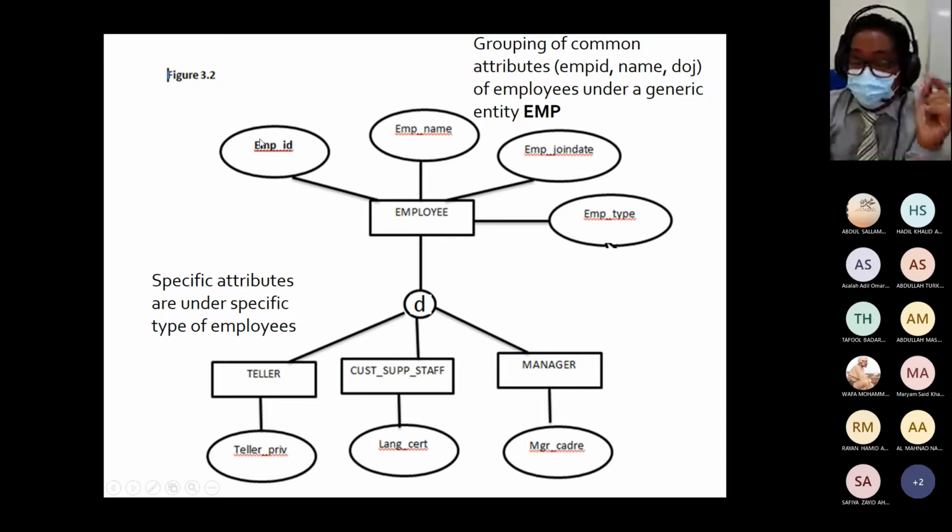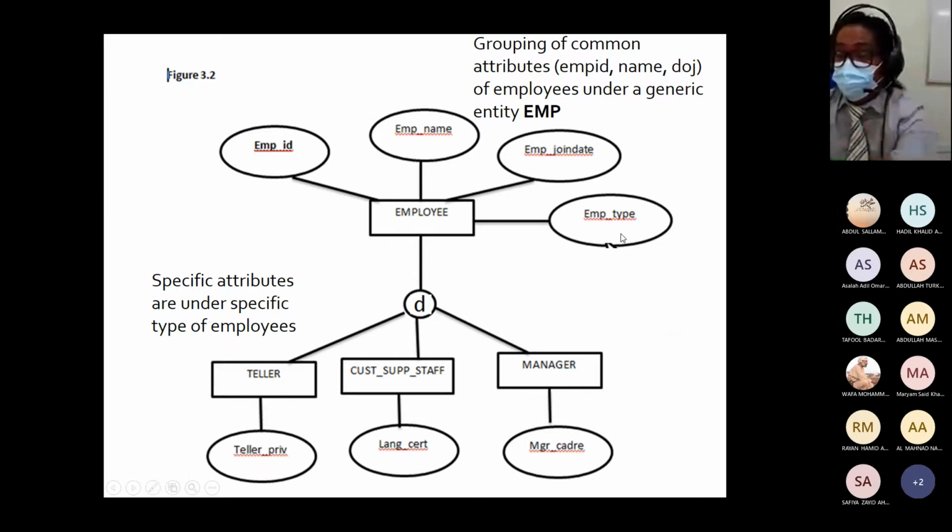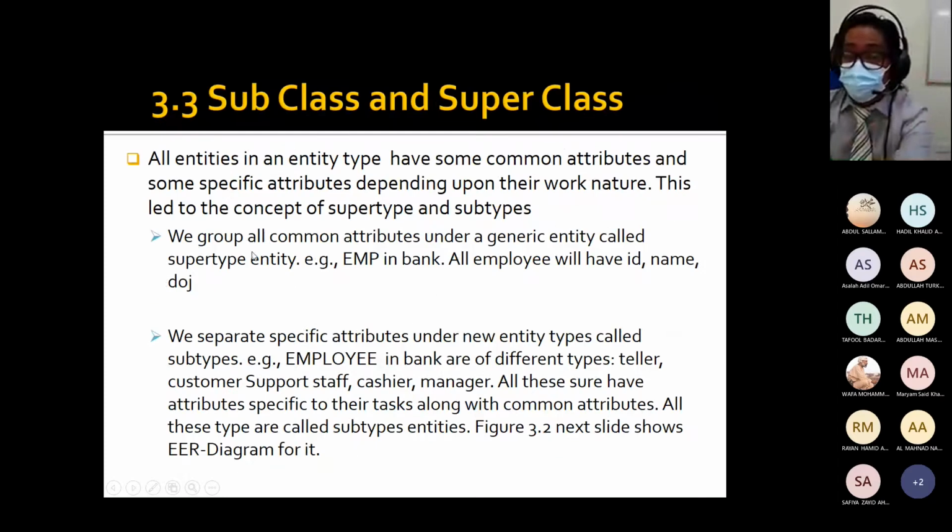But when it comes to employee ID, employee name, M_name, M_join_date, M_type, they are all common. That's why they are under this generic employee, right? Basically they are what we call superclass or supertype.